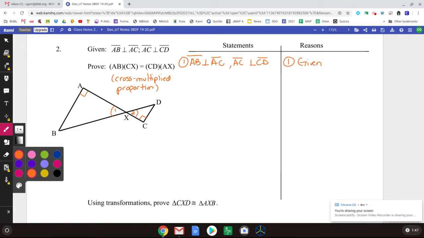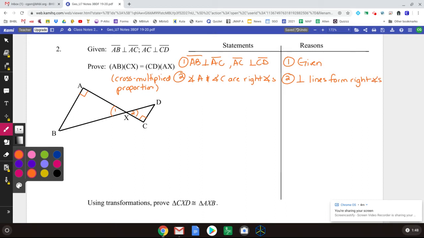So now what I can say is that I know that angle A and angle C are indeed right angles. And I know that because perpendicular lines form right angles.